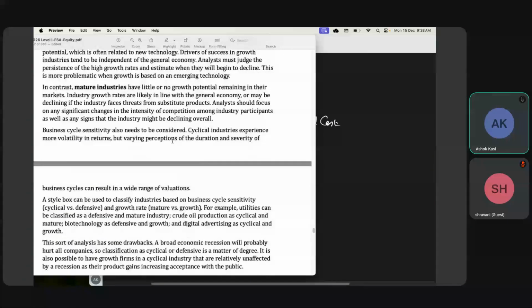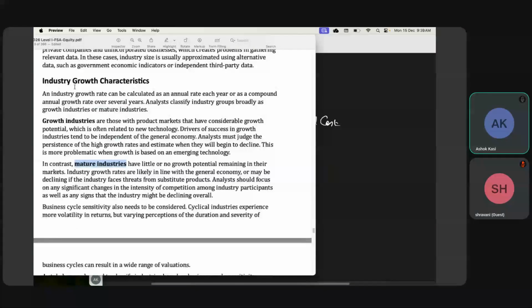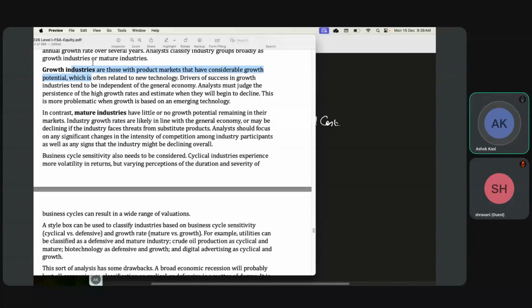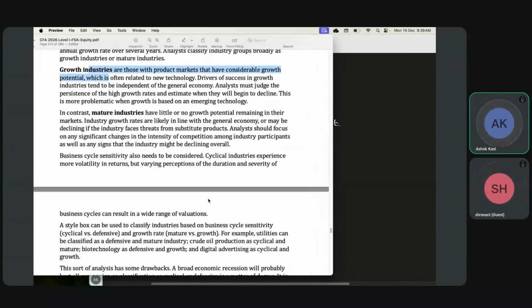Mature industries and growth industry. Growth industry means sunrise industries, which are growing, and mature industry means which are not growing, like TCS, Wipro, Infosys, or even Hindustan Unilever. At a certain rate only it will grow now.